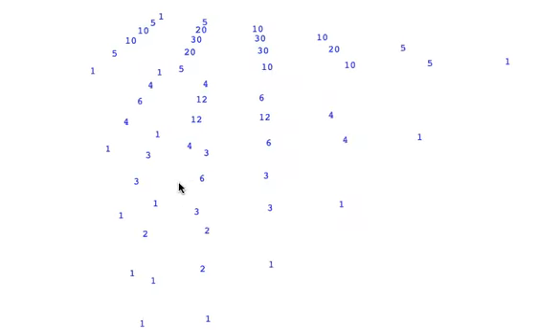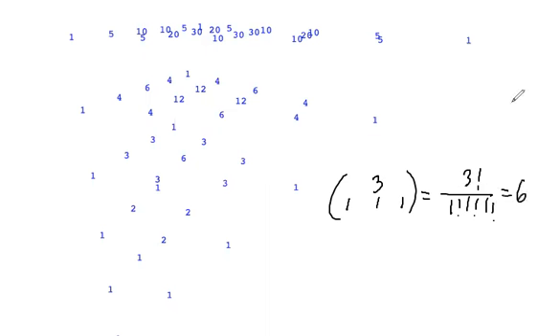So it looks like we'll have 3, choose 1, 1, 1. Let's verify this with the computational formula: that's equal to 3 factorial over 1 factorial, 1 factorial, 1 factorial, and if we compute this out, we really do get 6.